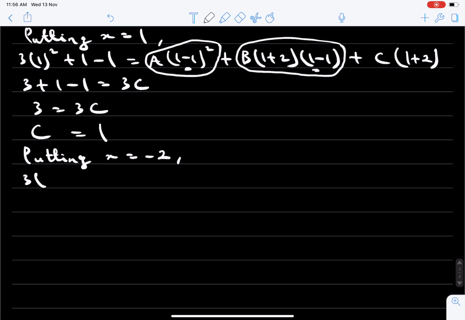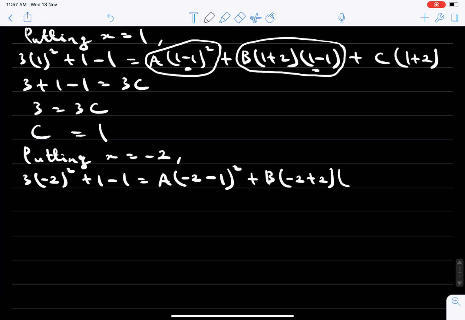3 times minus 2 squared plus 1 minus 1 is equal to a times minus 2 minus 1 squared plus b times minus 2 plus 2 times minus 2 minus 1 plus c times minus 2 plus 2.